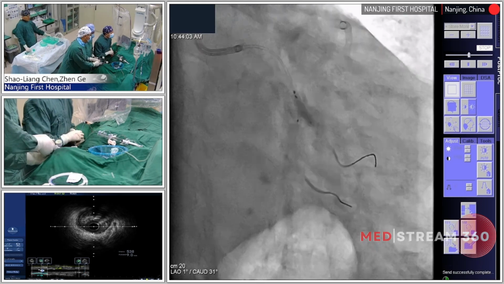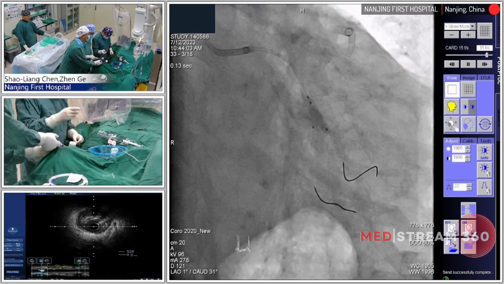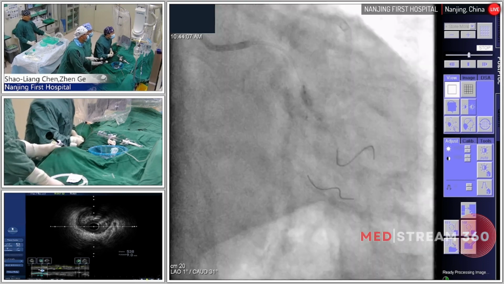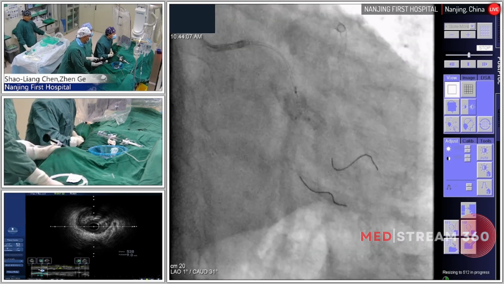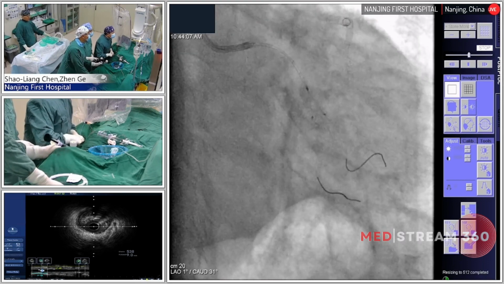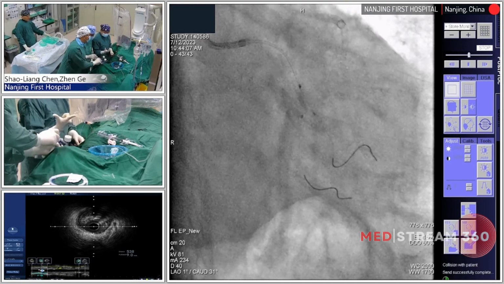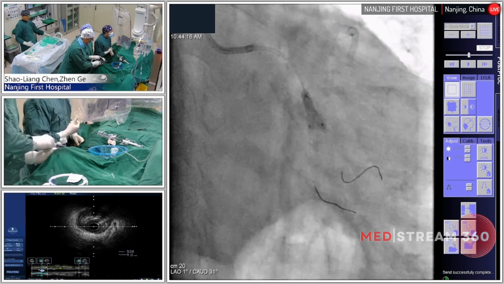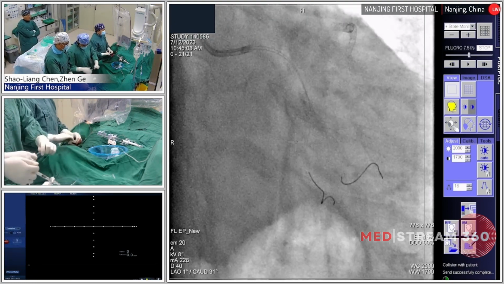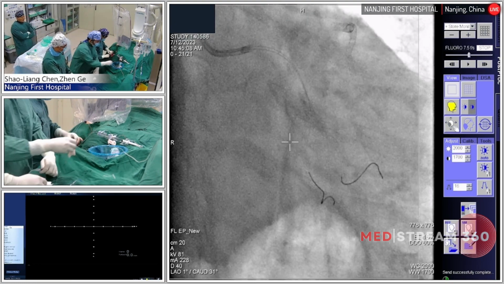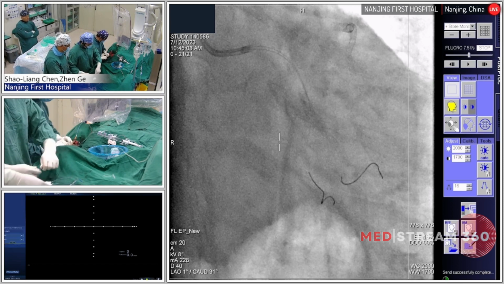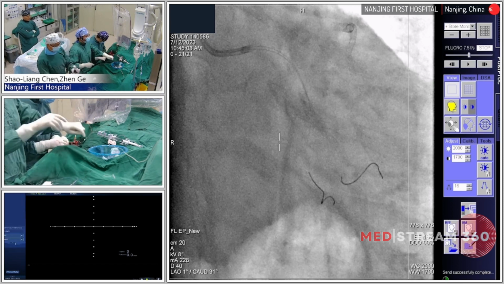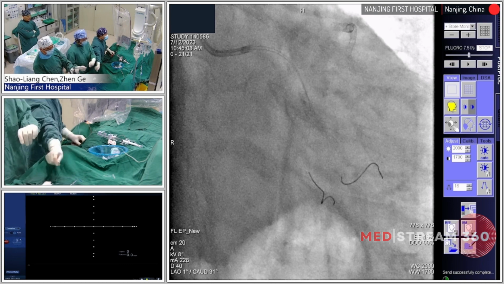Once we perform the balloon inflation in the main vessel, the stent will be back to its previous position. So the final kissing balloon inflation is to try to keep the carina at the central position. Because this is the AV groove, the proximal circumflex was shortened too much.